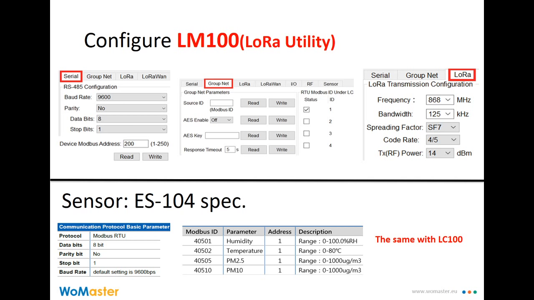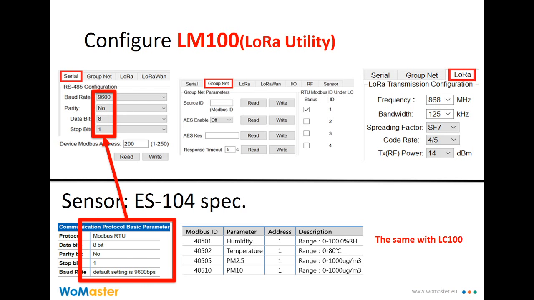So you can see we have a 2-page step-by-step guide for your reference to let you know how to configure the LM and the LR. The first page is about configuring the LM100. The first page is serial. For the serial, you just input the values according to the spec of your field data sensor.